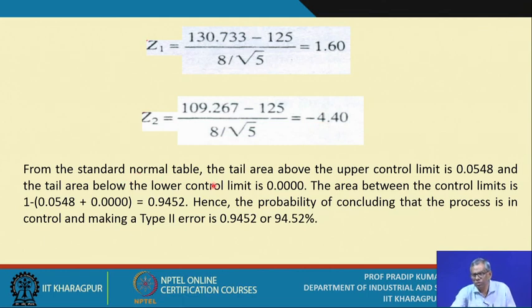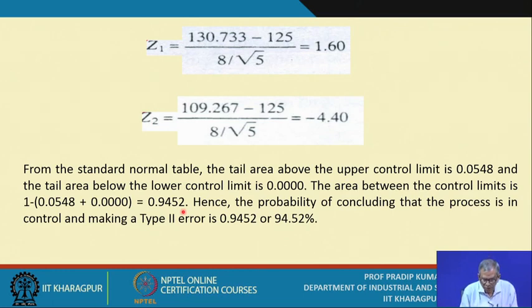Now you refer to the standard normal table. What you find is that the tail area above the upper control limit is 0.0548, and the tail area below the lower control limit is almost 0, that means up to 4 decimal places it is 0. So the area between the control limits is 1 minus this plus this, that means 0.9452. That means what is your type 2 error probability?